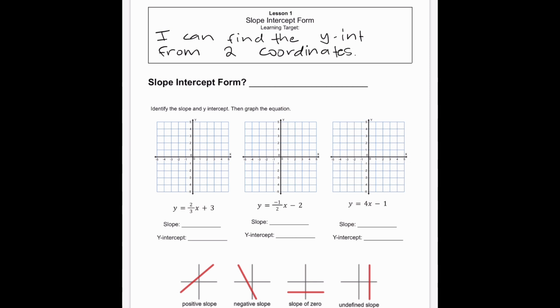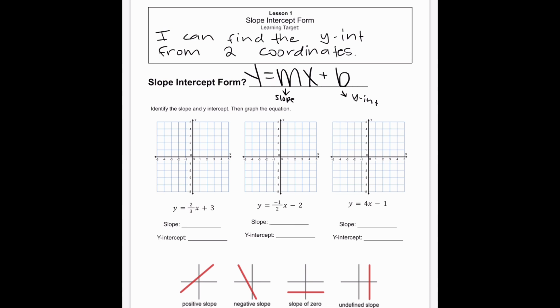All we've been doing the last couple weeks is slope-intercept form, which is y = mx + b. m is the slope, b is the y-intercept. And remember, with any of this today, if you need to pause the video, pause it so you can get everything written down in the correct amount of time.